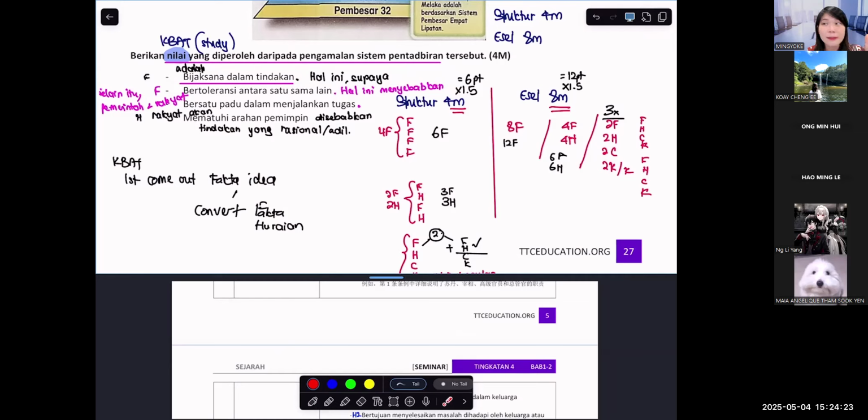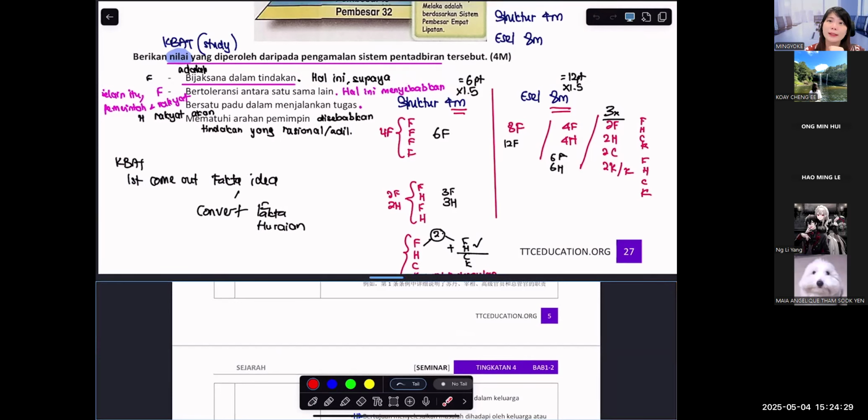Bijaksana dalam tindakan, pemerintah tindakan yang bijaksana. Guys, it's the same thing. You will get only 1 mark. That's not called huraian, you know. You have to further elaborate. Only then is it called huraian. So if your answer is similar, that's why some people unknowingly lose marks. They thought they can get, but unknowingly they lose marks.